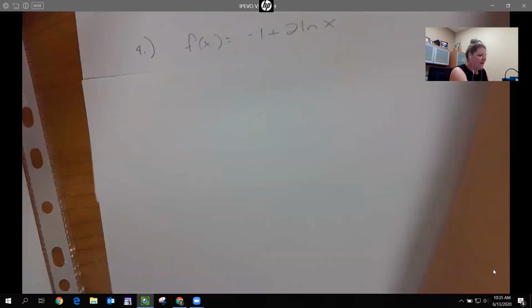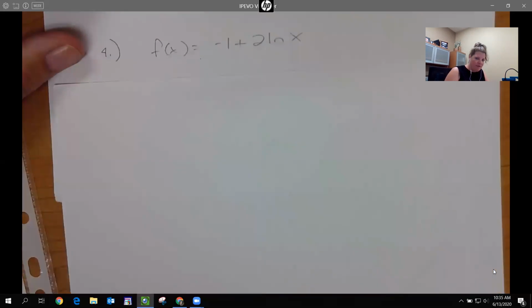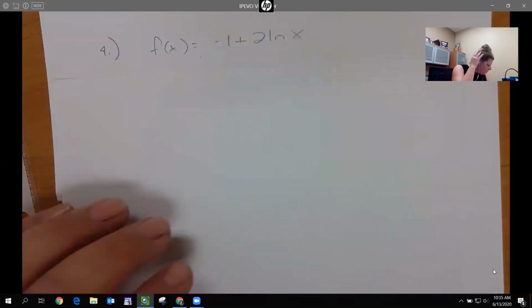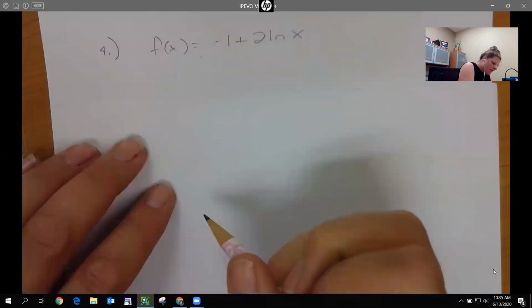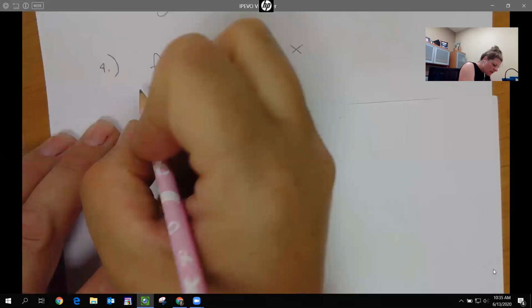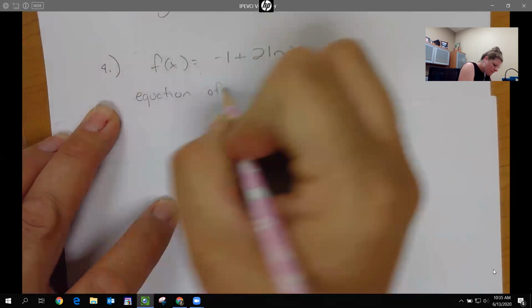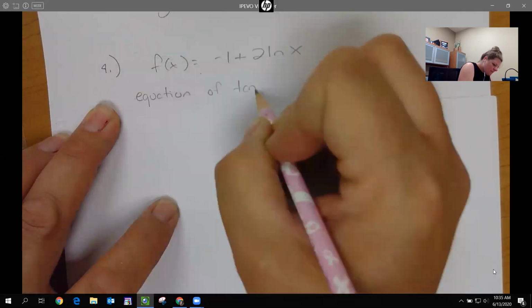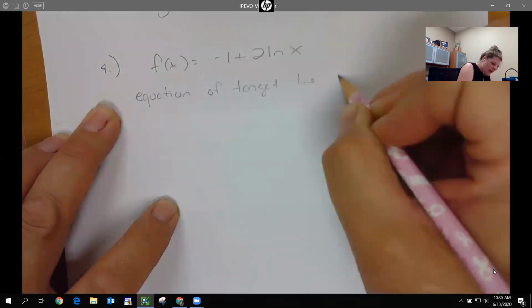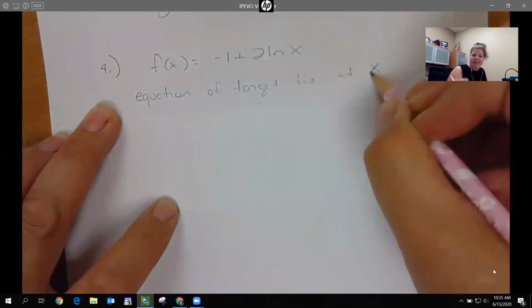I just can't quite fit the paper there. There we go. Okay, so if we have this and we want to find the equation of the tangent line at x equals 1, we have to have that x equals 1.